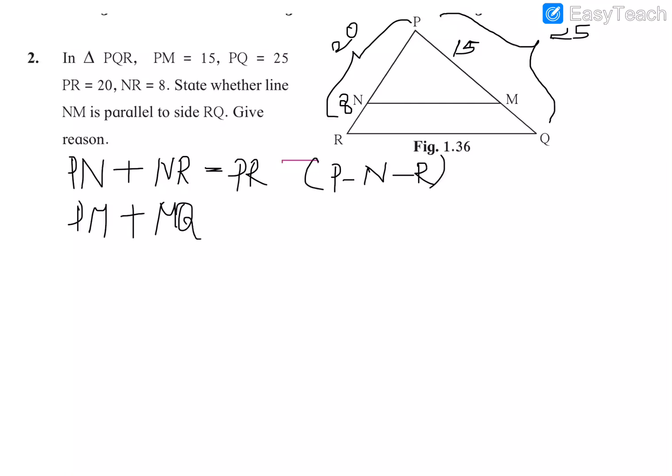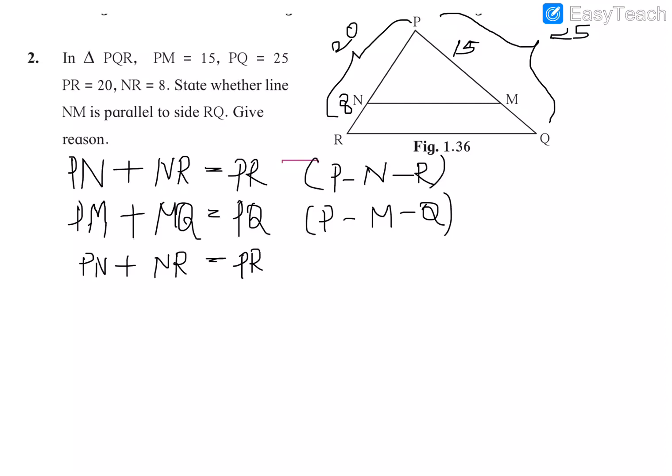In the same way I can write this side also, that is PM plus MQ is equal to PQ, since the points P, M and Q lie on the same line. Now we can put the values of PM, PQ, PR and NR in these equations. So in the first equation, PN plus NR is equal to PR.